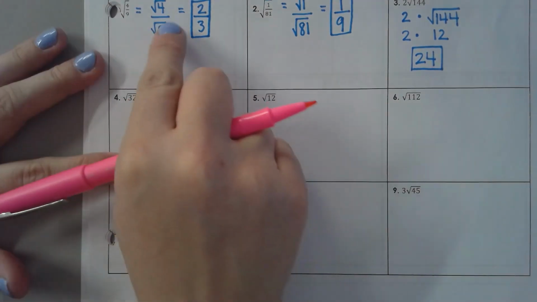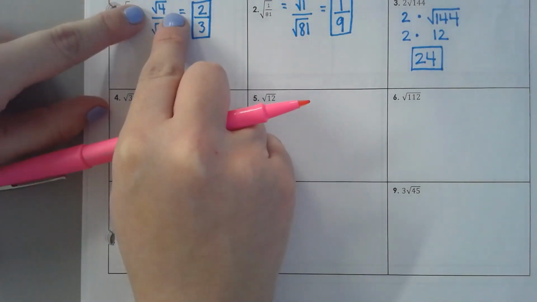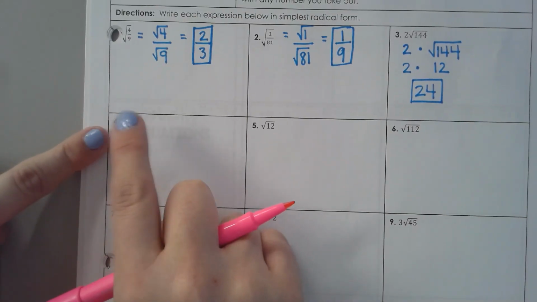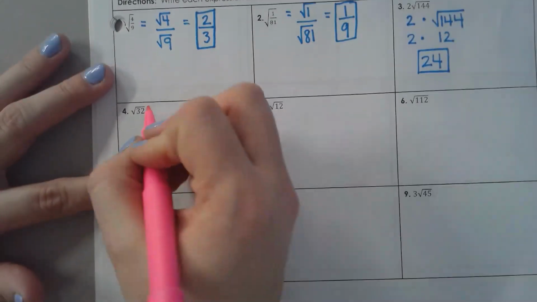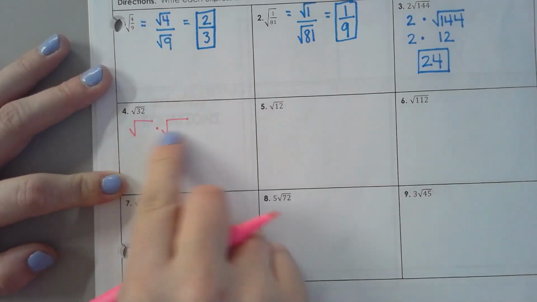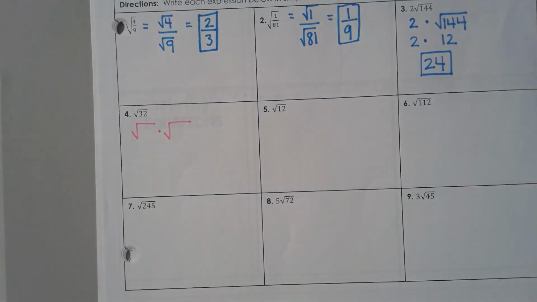Just like I can do dividing up here, you can split a number up, a radical up, into multiplying. So I can do square root of 32. I can rewrite that as 2 different radicals multiplied by each other. So I could write down any 2 numbers that multiply to be 32. But for this, I specifically want one of those numbers to be a perfect square, specifically the largest perfect square.